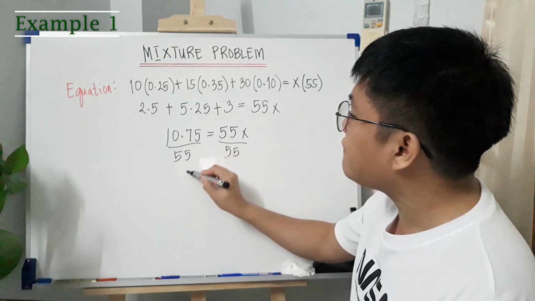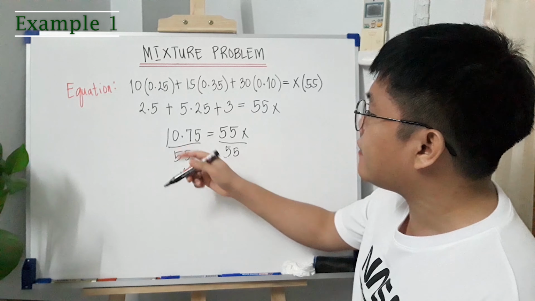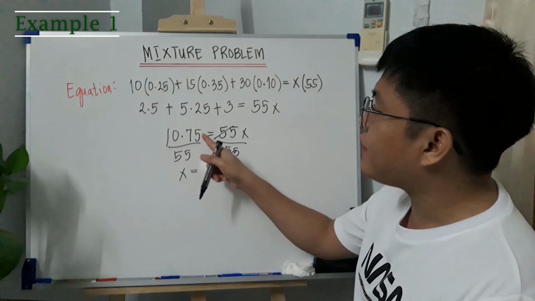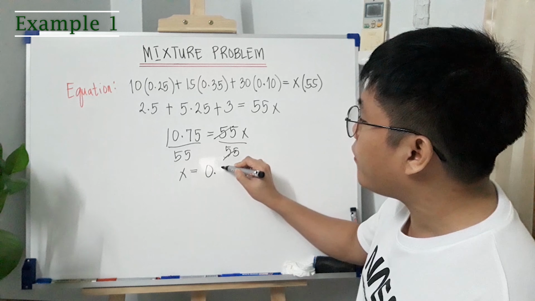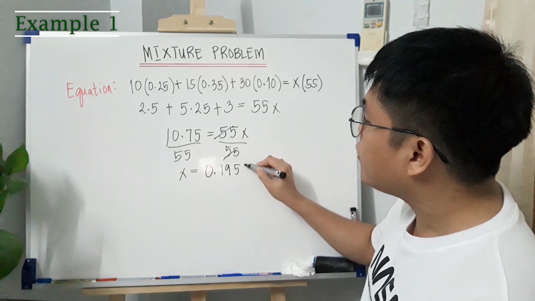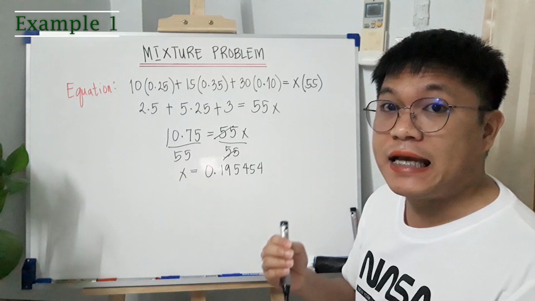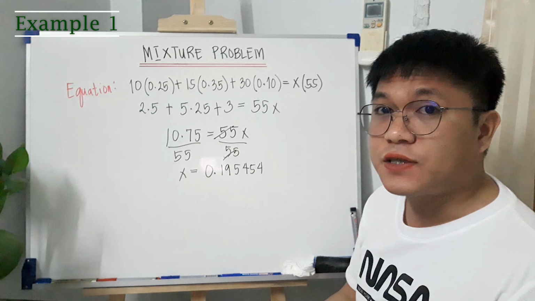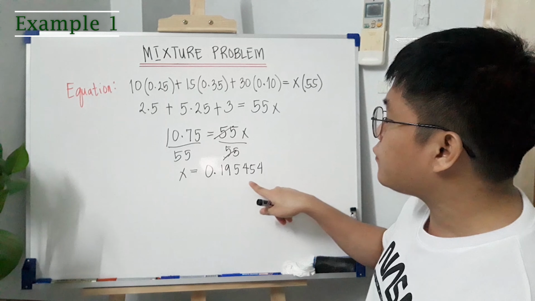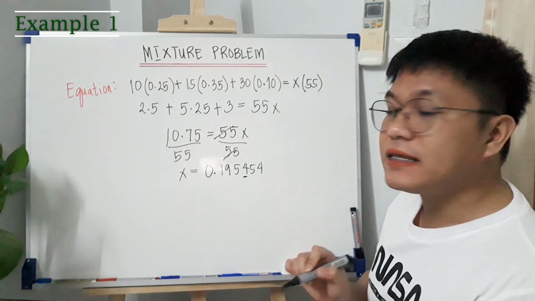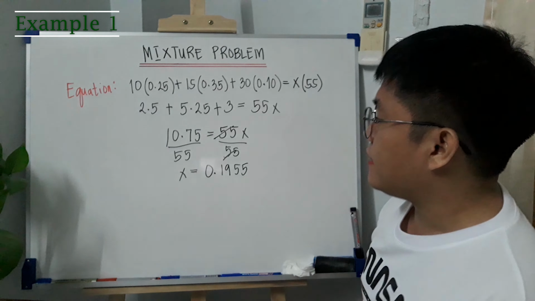If you divide 10 and 75 hundredths by 55, your answer will be 0.195454454..., a non-terminating decimal. So we can round off our answer to the nearest ten-thousandth place.